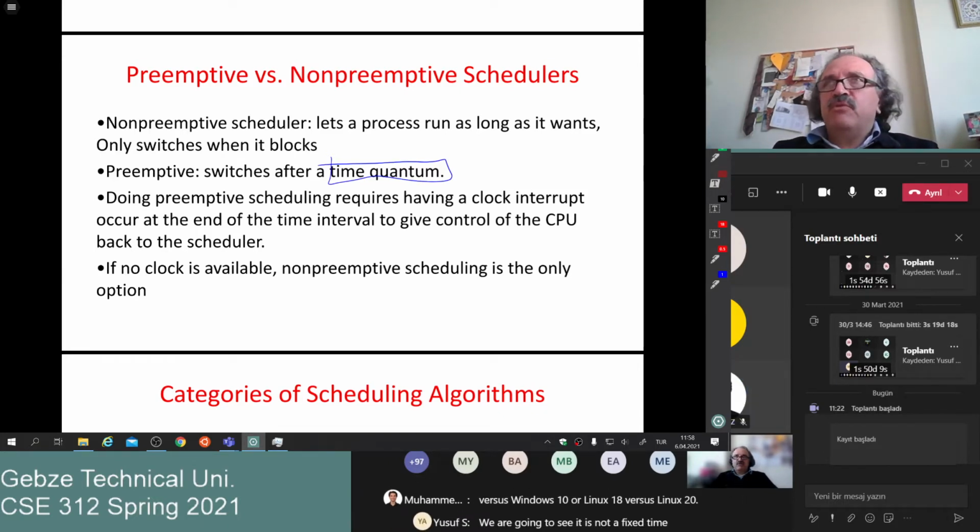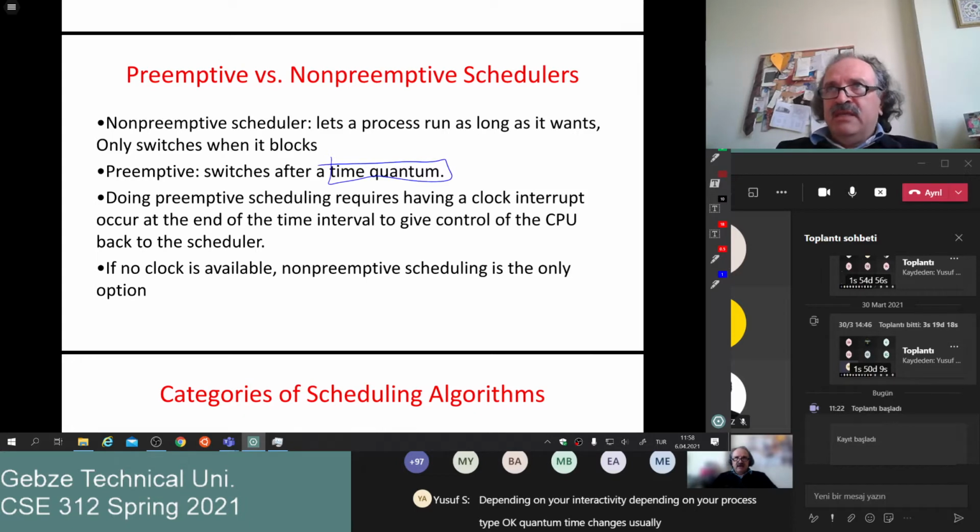It changes from process to process. And you can change it too. You may lower it, raise it, and change that kind of parameter if you are the administrator. But depending on your interactivity, depending on your process type, quantum time changes.